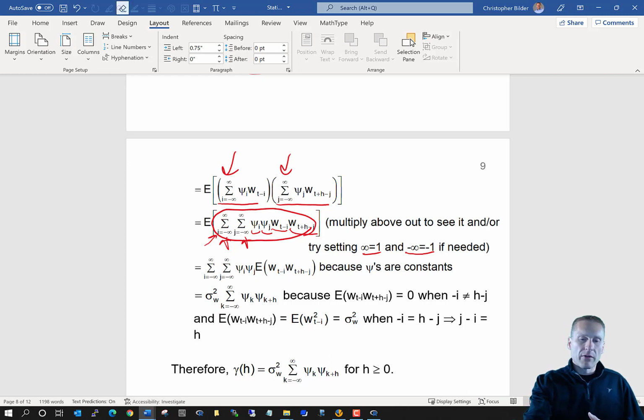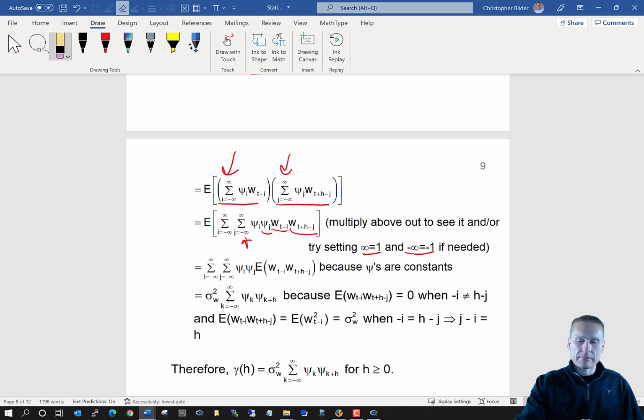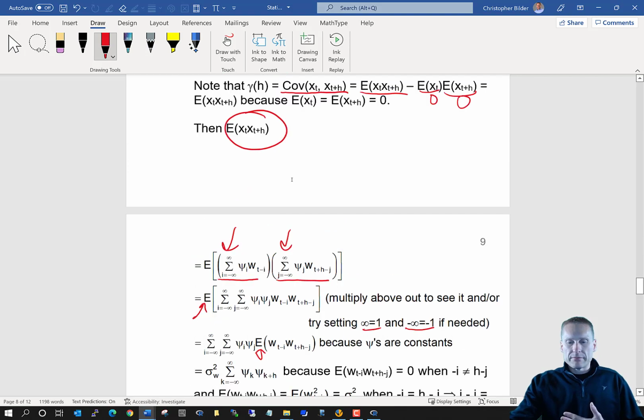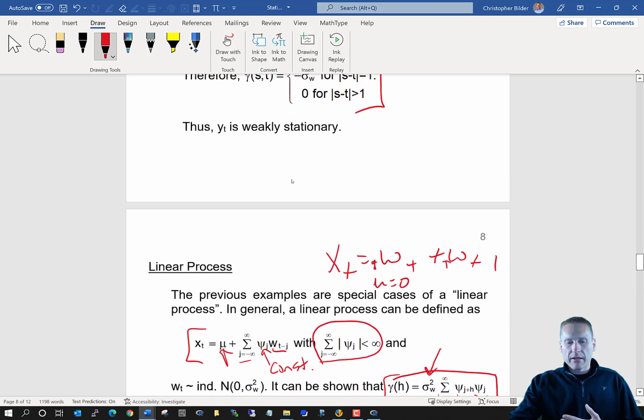So now this expectation, I can bring it through the sum. And we're left with a lot of the stuff that we were seeing before.